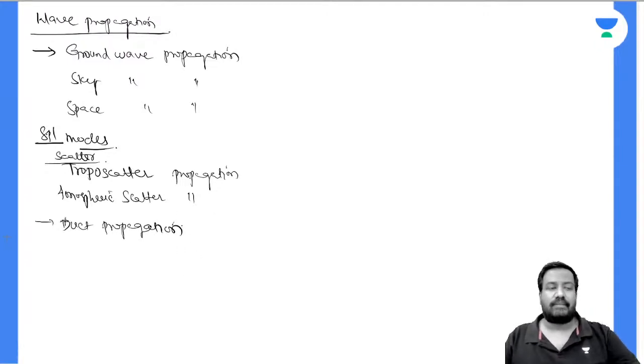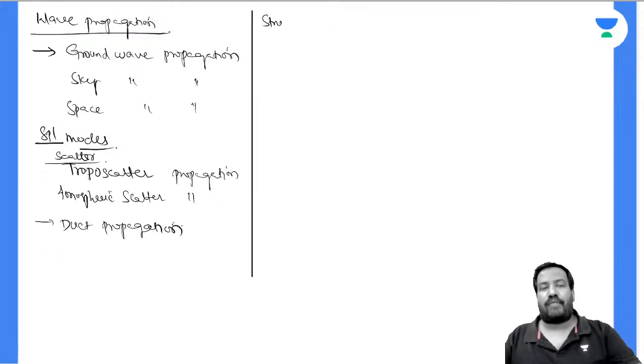Besides these, we had seen structure of atmosphere, which includes structure of troposphere and structure of ionosphere.